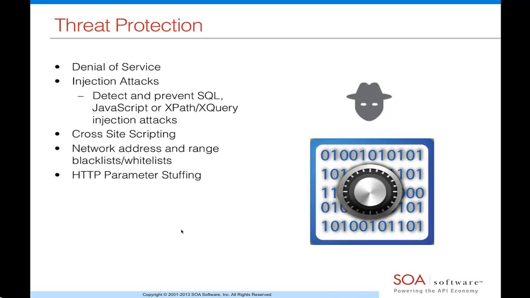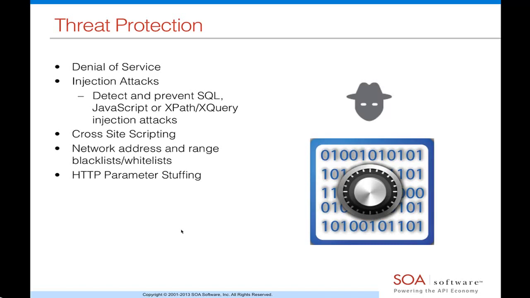So there are things like distributed denial of service, where somebody can use a wide variety of servers to just bombard your gateway or your service. So how do you prevent somebody from taking down your service by doing denial of service attacks?